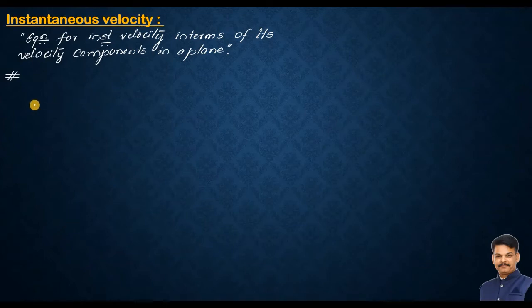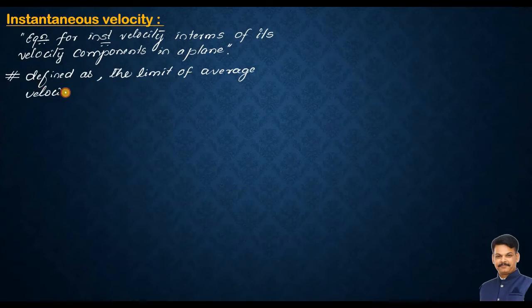Instantaneous velocity is defined as the limit of average velocity as time tends to 0. This is the definition of the instantaneous velocity.